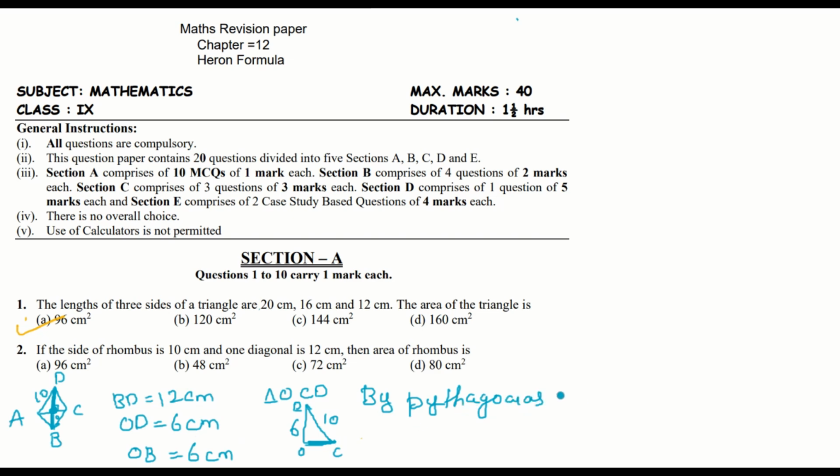Here by Pythagoras, the hypotenuse is CD. The hypotenuse square is equal to the sum of the squares of its legs. The legs are OD and OC.